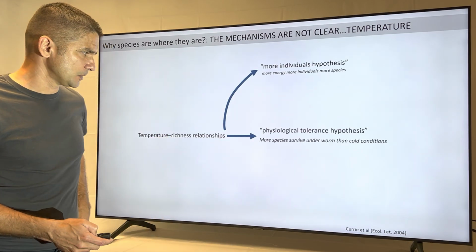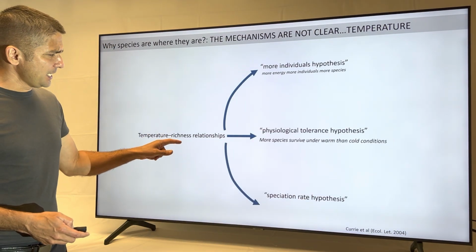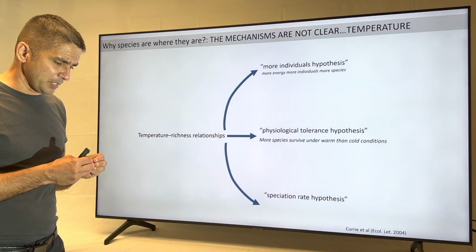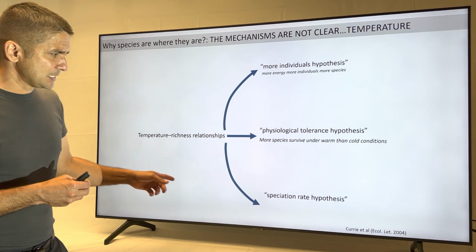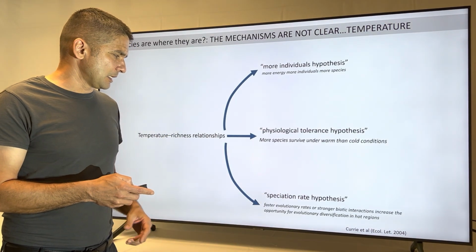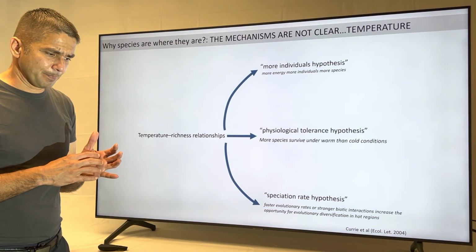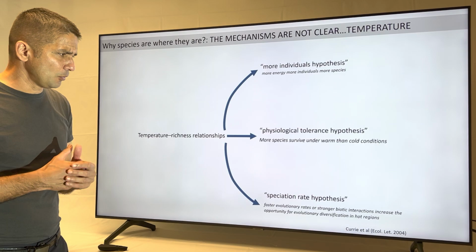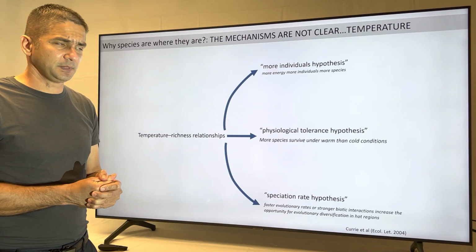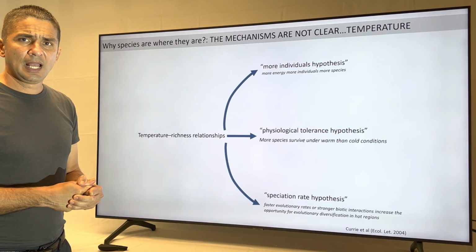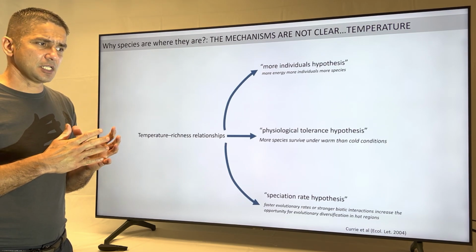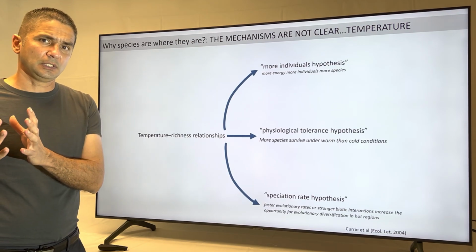The other explanation for the relationship between richness and temperature is what is called the speciation rate hypothesis. What it suggests here is that when you increase temperature, there is normally a faster evolutionary rate. For some reason, a lot of species like to have sex when it gets hot, and that increases the chances of introducing mutations that then turn into more species.